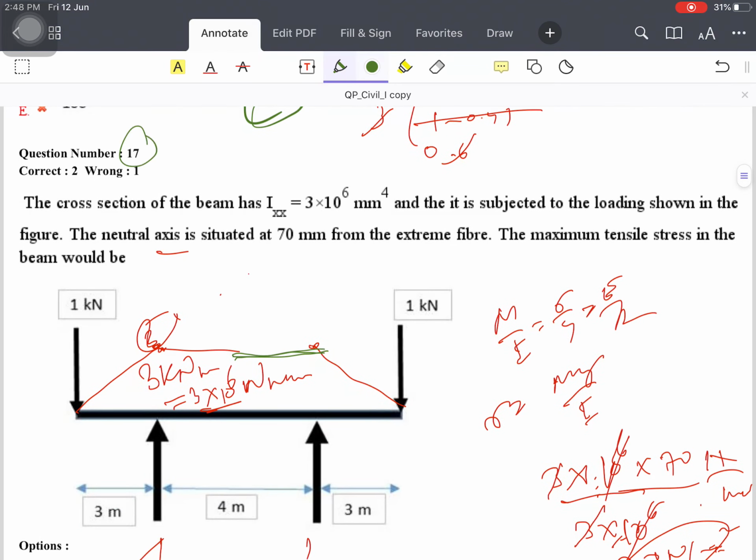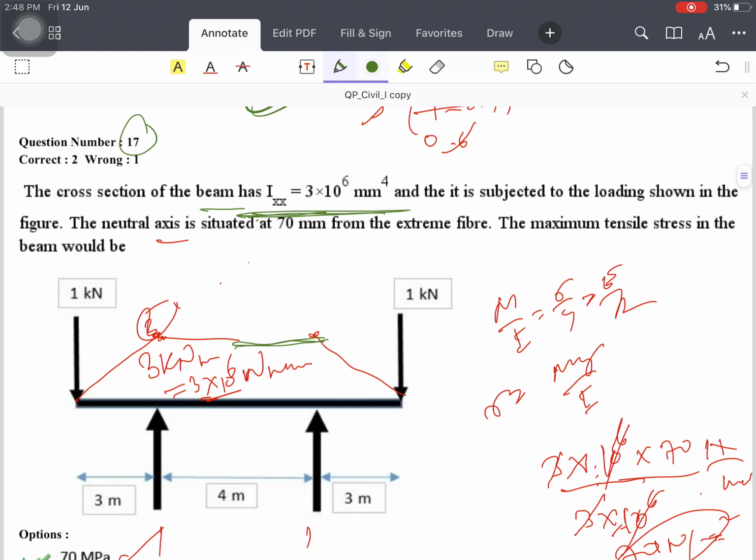Question number 17. The cross section of the beam I having moment of inertia Ixx equals 3 into 10 to the power 6 mm to the power 4, and it is subjected to the loading shown in the figure. The neutral axis is situated at 70 mm from the extreme fiber. So this is the neutral axis.